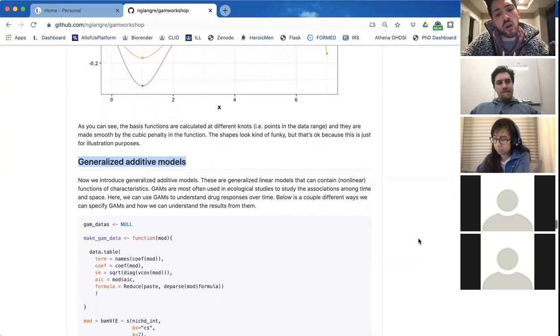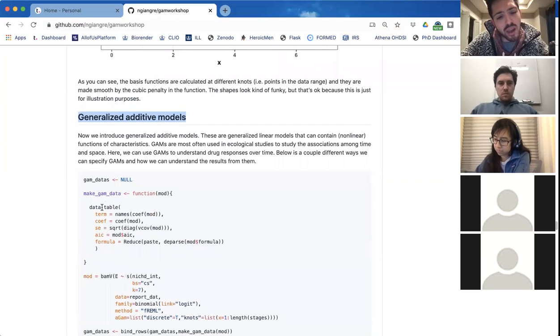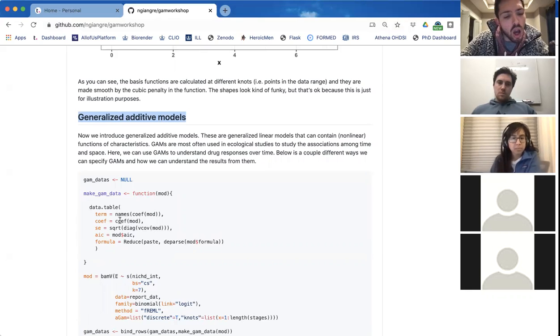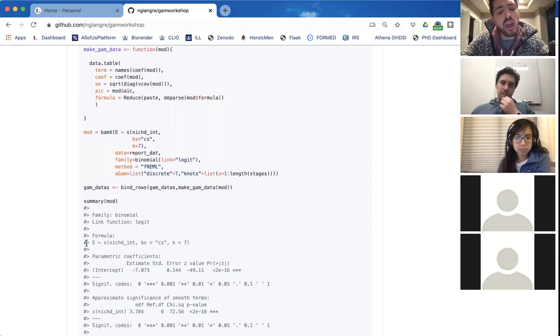I'm going to show a couple of different ways we can specify GAMs and how we can understand the results from them. Again, I make a function that takes a GAM model and extracts different components of the model, including the coefficient and the AIC. Now I individually show what these can look like.